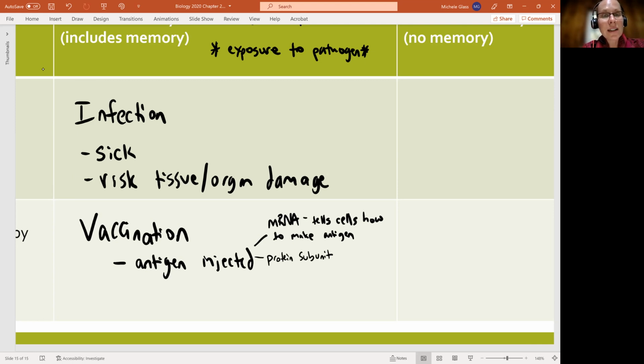So scientists are isolating what part of the virus our body is responding to, and then we're getting that particular part injected into our body such that our cells are going to go through the whole process of engulfing that particular thing and then initiating our immune response, right?